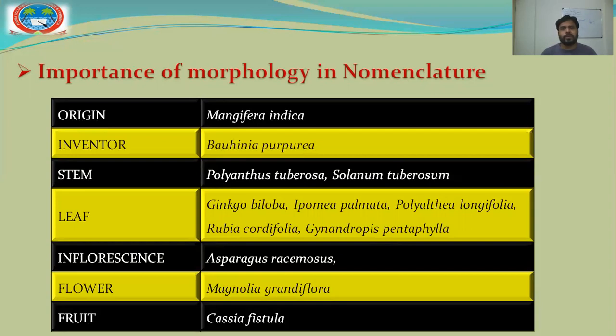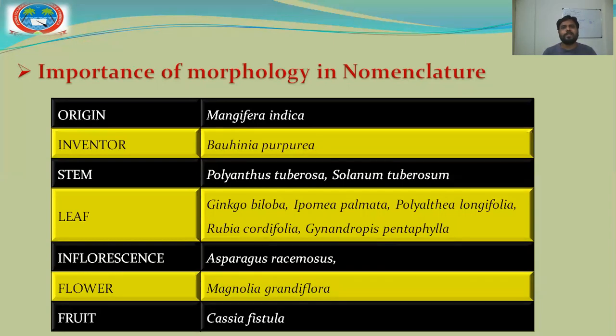According to these rules and regulations, we can give the name to the plants, and this nomenclature is based on different morphological features. Various ways are there on the basis of which we can determine the name of a particular plant.